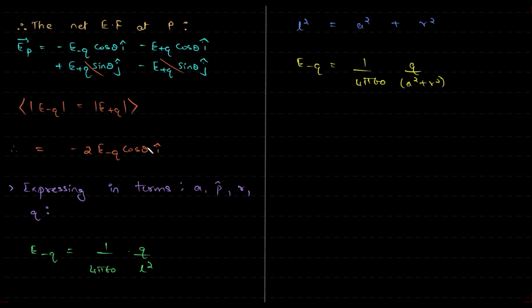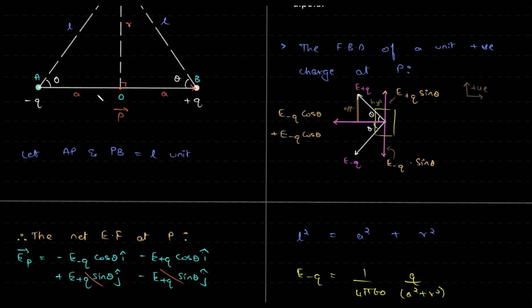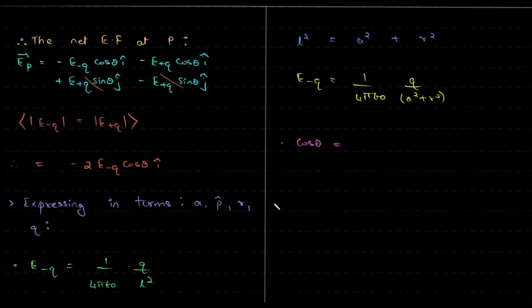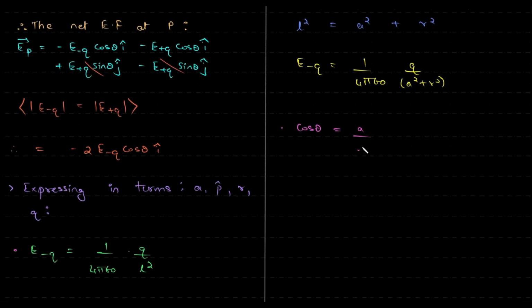Now, next term we can go with this cos of theta. Cos theta is adjacent over hypotenuse. Theta is over here. Adjacent is this, hypotenuse is that. So A by L, and A by A square plus R square to the power of 0.5.